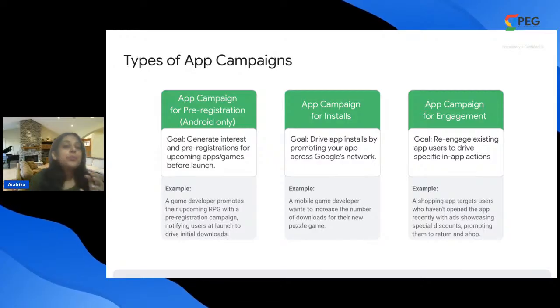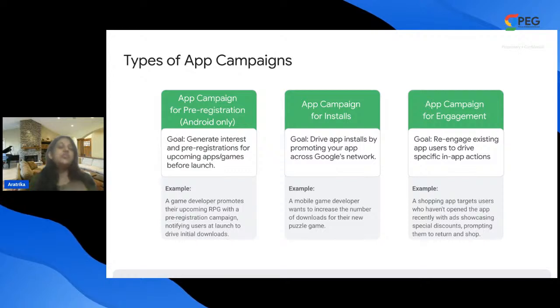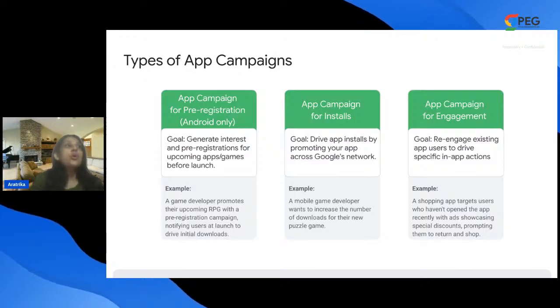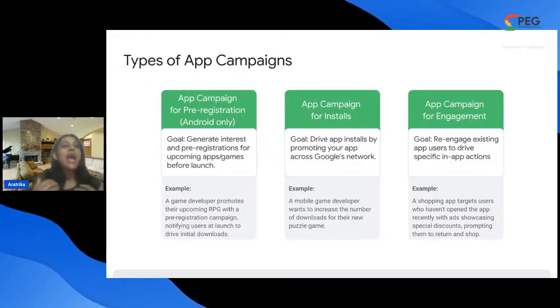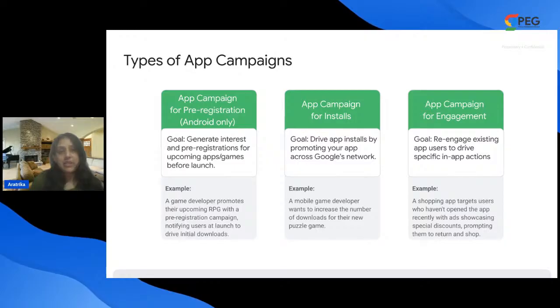This particular campaign type is only for those advertisers who have not yet launched their app into the market and want to do an initial testing, or want to promote that awareness, or generate an interest in people's minds before the app hits the market.